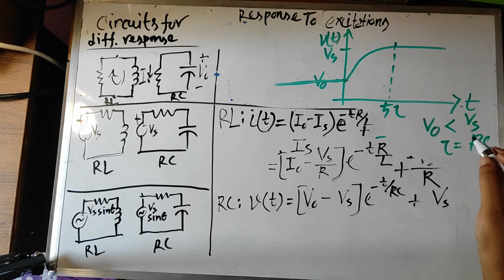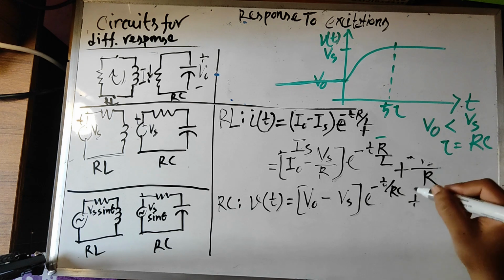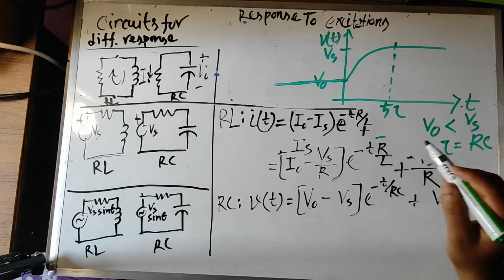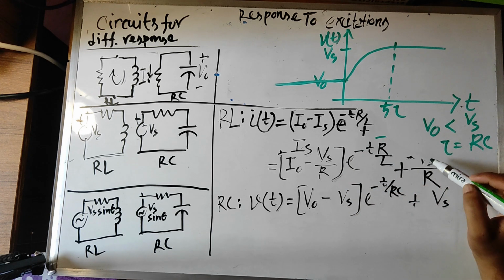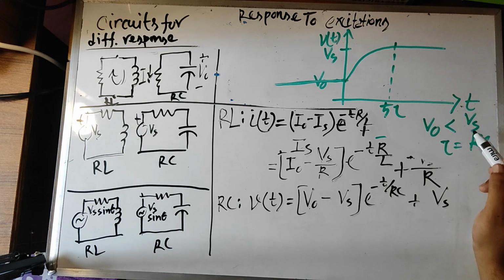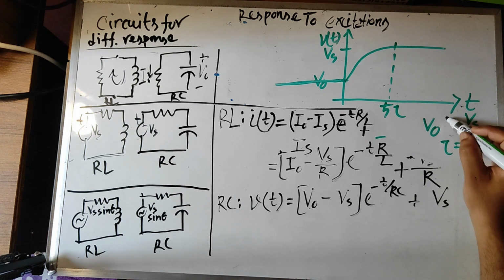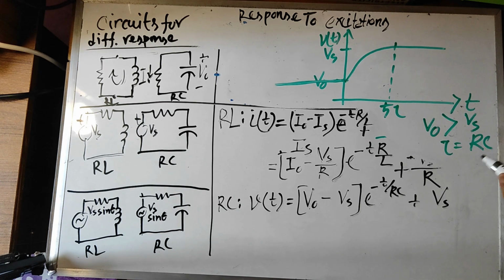Tau is the time constant. For the RC circuit, the time constant is RC. So this is the response when the initial voltage across the capacitor is less than the impressed voltage on the RC circuit. Now say the initial voltage is greater than the impressed voltage.